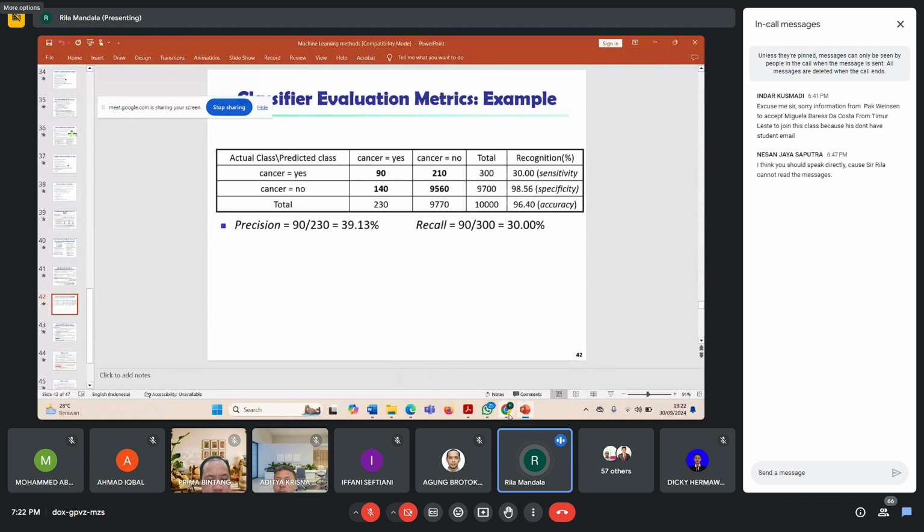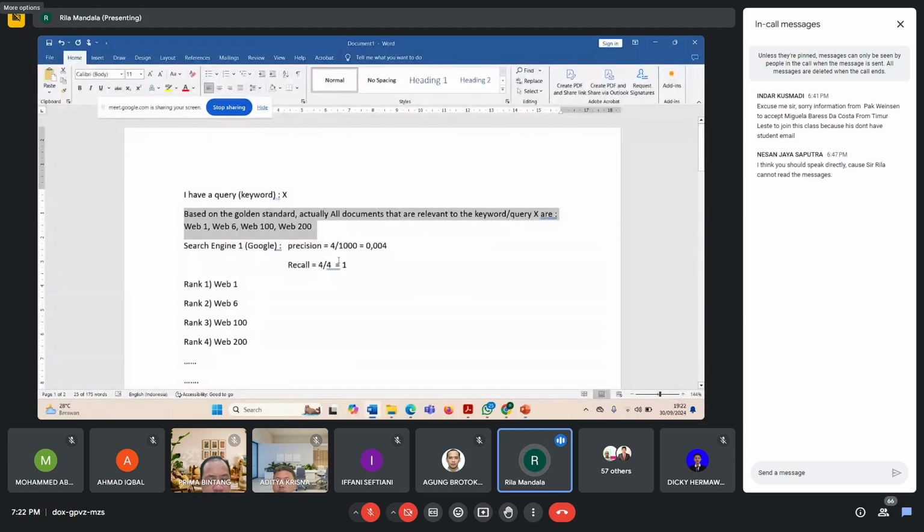So in information retrieval or in search engine, the golden standard is all documents that are relevant to the keyword or query X, based on human judgment, of course.